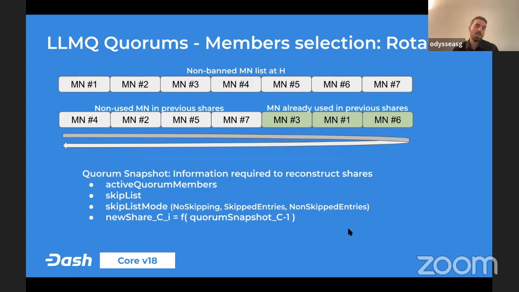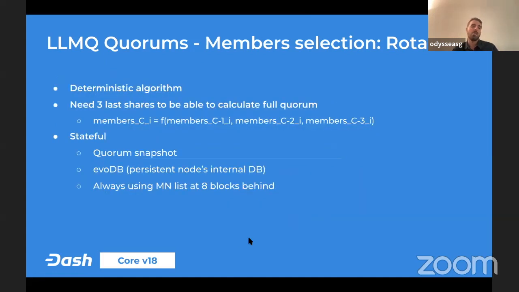All right, so basically, using this quorum snapshot, you can calculate the new share for every quorum index. Of course, this is a deterministic algorithm, since every node on the network is supposed to achieve and calculate the same results, so masternodes and full nodes as well.